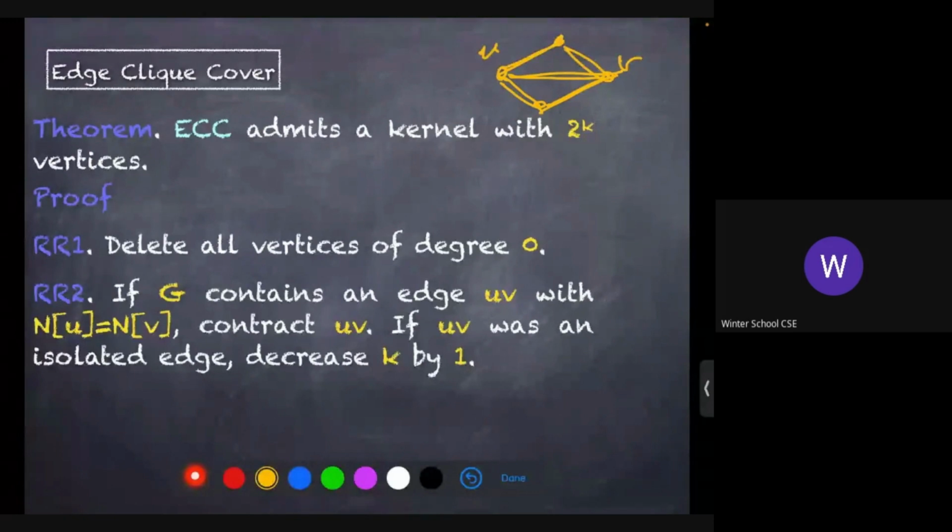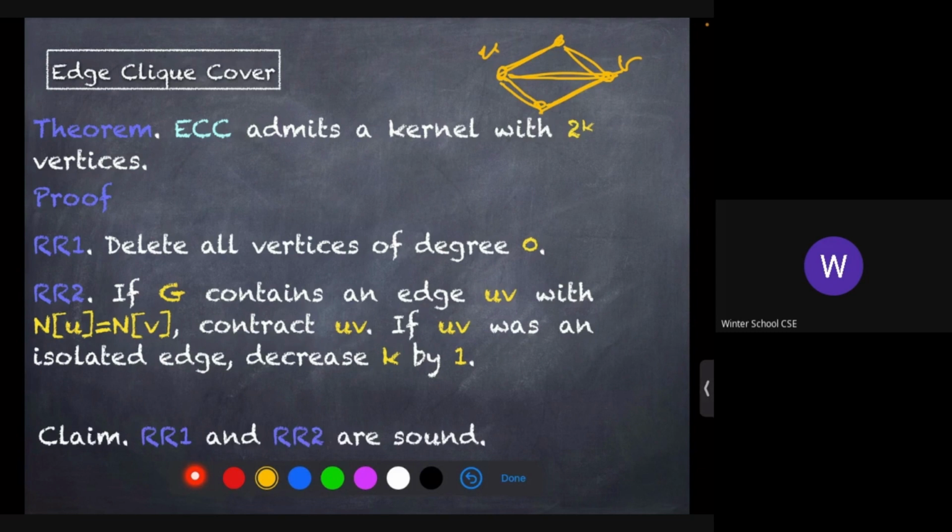Then what I do is contract this edge uv, or if uv was an isolated edge, I decrease k by 1. The claim is that both rules are sound.